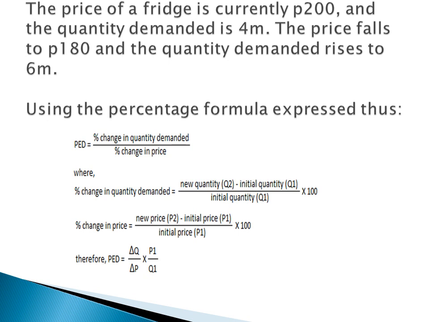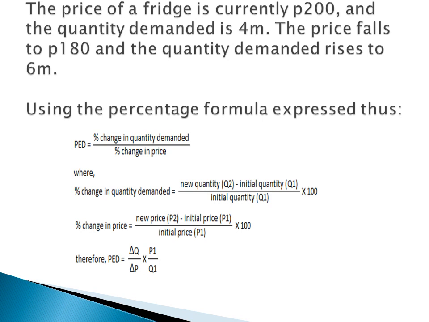That is, we can use the percentage method. Now, this percentage method can also be further broken down into Q2 minus Q1 over Q1 times 100 in order for us to obtain the percentage change of quantity. Everything over P2 minus P1 over P1 times 100 in order to obtain the percentage change in price.